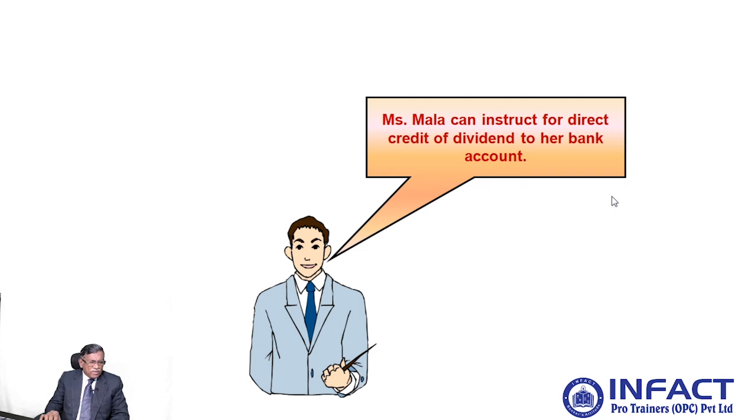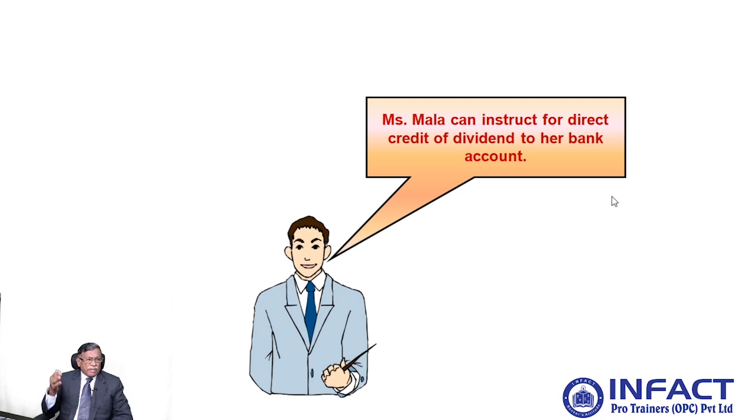And the other way of doing it is that Mala can give instruction to the company directly, saying that you can send the dividend to my bank. So the stock company where Mala has invested can send the money directly to Mala's account without sending it manually. That is possible.